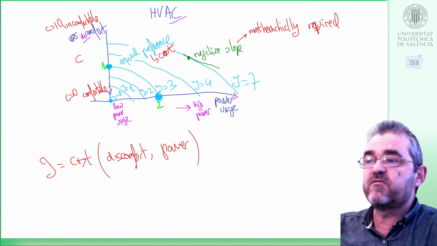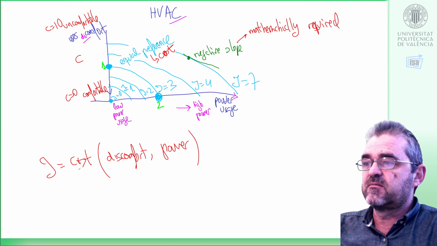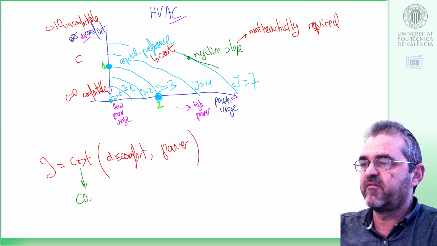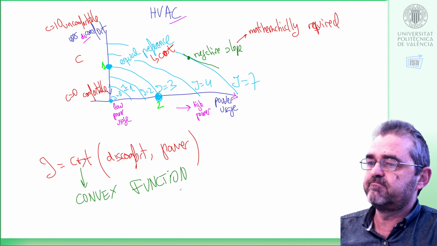The other advisable but not mathematically required property is that J, this cost, is a convex function. What is a convex function?